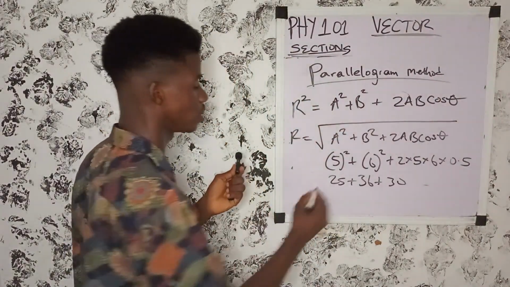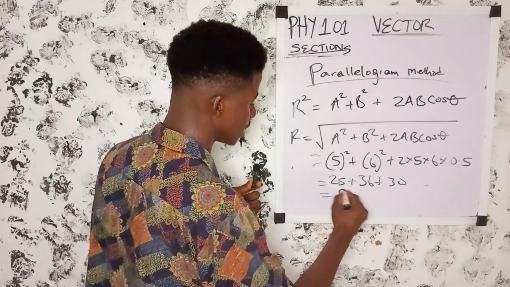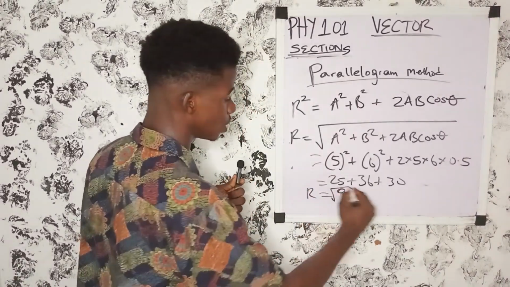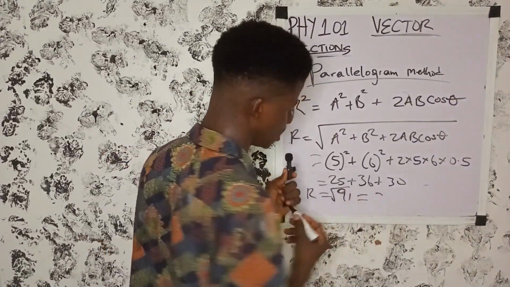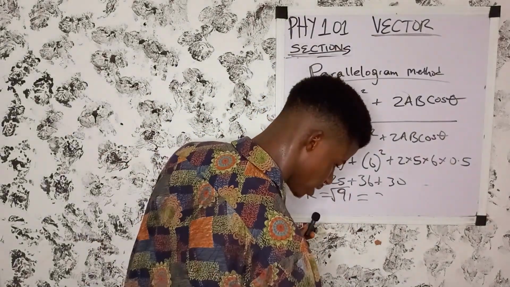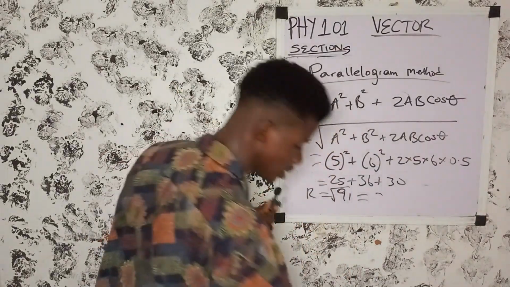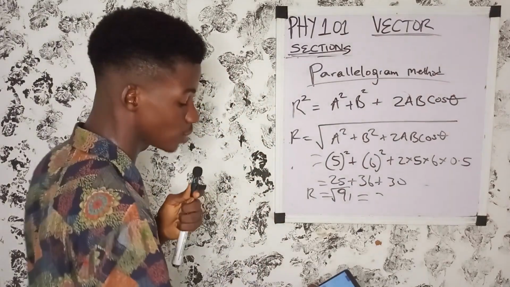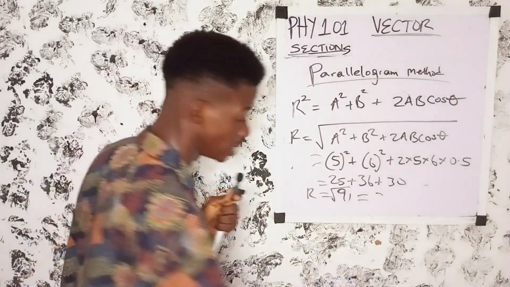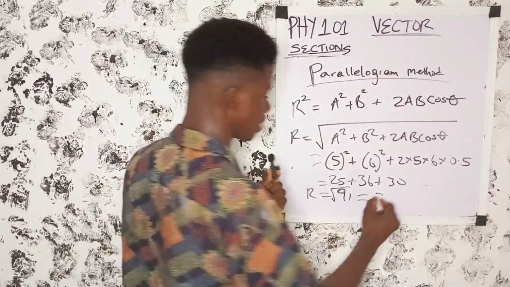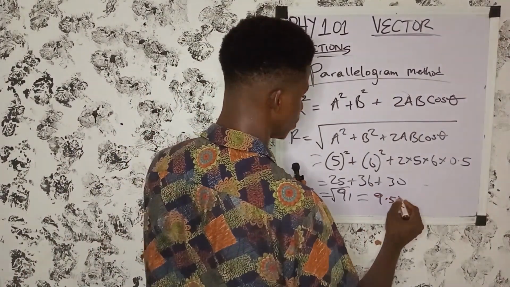Then we take the square root. Square root of 91 is not 9, because 9 times 9 is 81. So the square root of 91 is about 9.5. So this should be your answer.